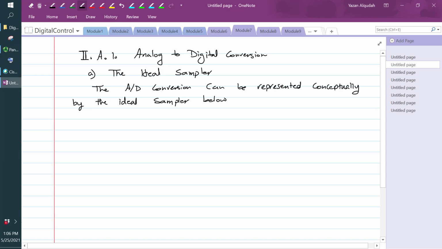What is the ideal sampler going to look like? It's going to look like a switch that will turn on every T seconds in order to obtain a sample.